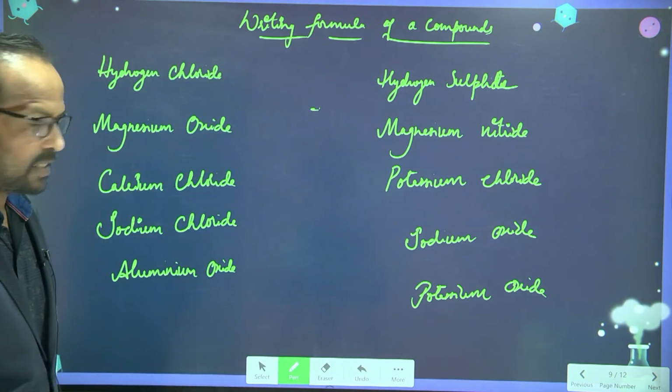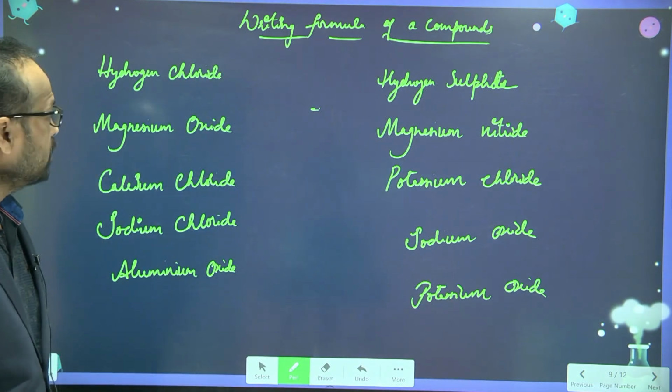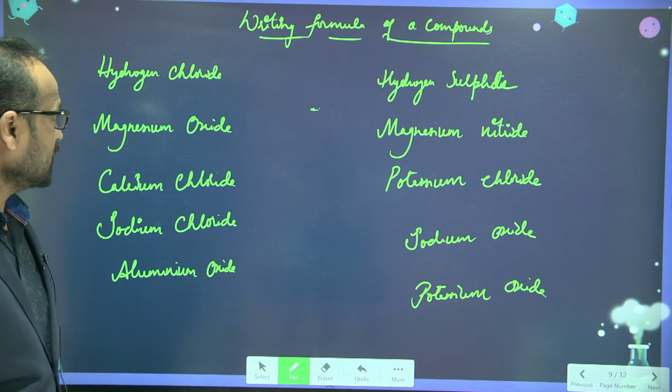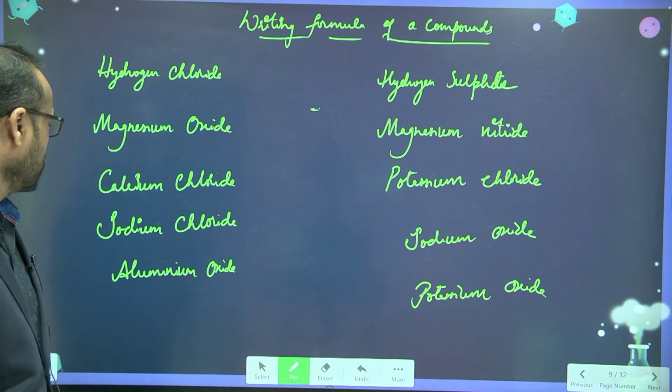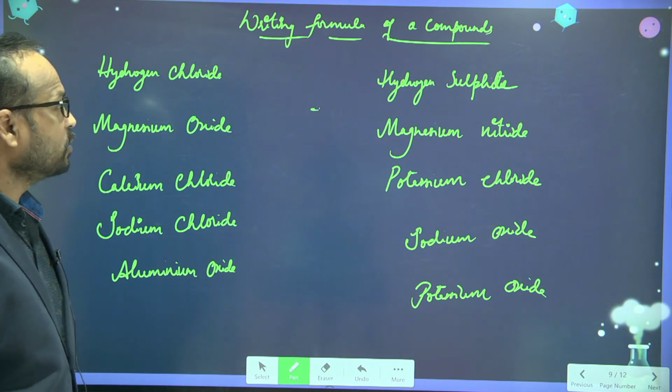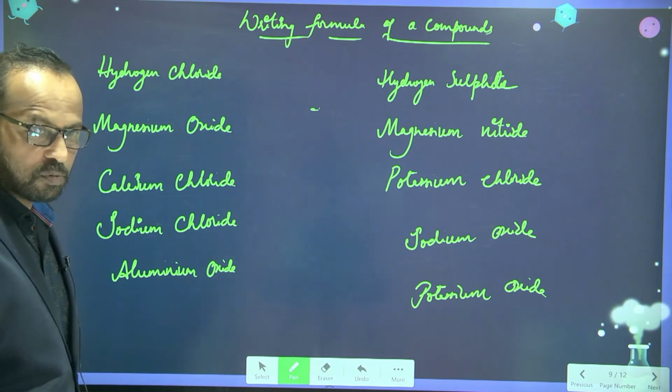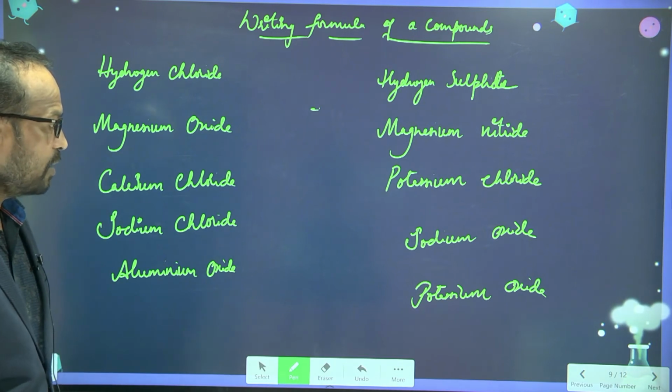So students, here I have given 10 names of compounds: hydrogen chloride, magnesium oxide, calcium chloride, sodium chloride, aluminum oxide, hydrogen sulfide, magnesium nitride, potassium chloride, sodium oxide and potassium oxide.